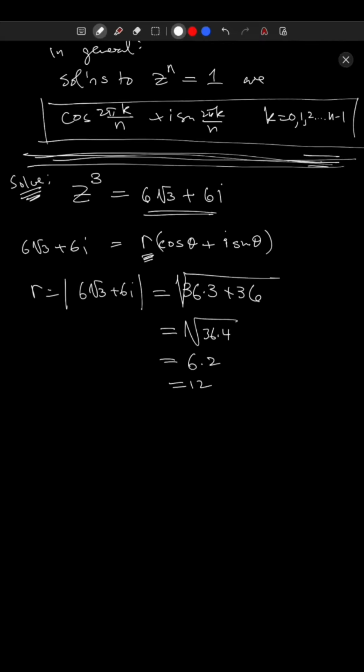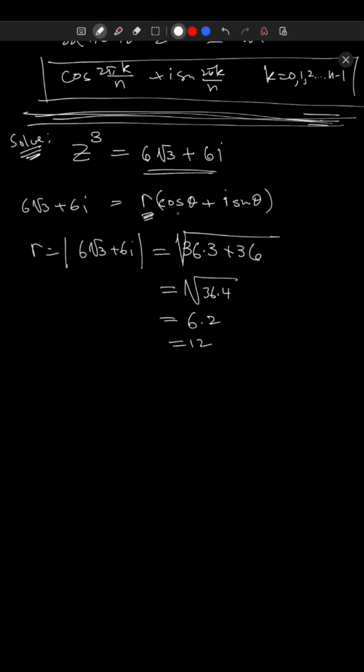All right. Okay. So now in order to get the cosine theta and the i sine theta, we divide by 12 on both sides, right? So we know r is 12. So let me write that out. 6 root 3 plus 6i is equal to 12 times cos theta plus i sine theta. And so that tells me to divide by 12 on both sides.